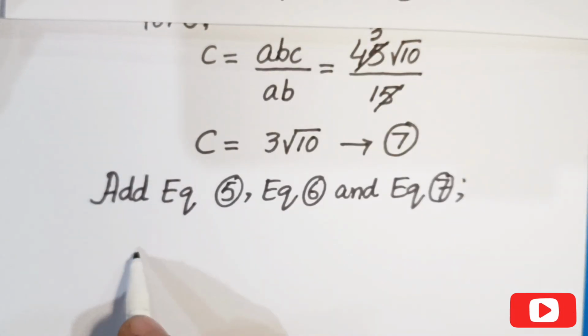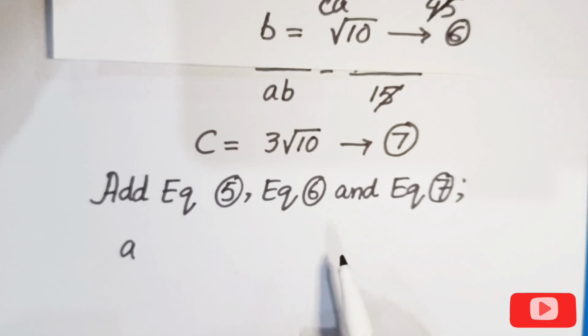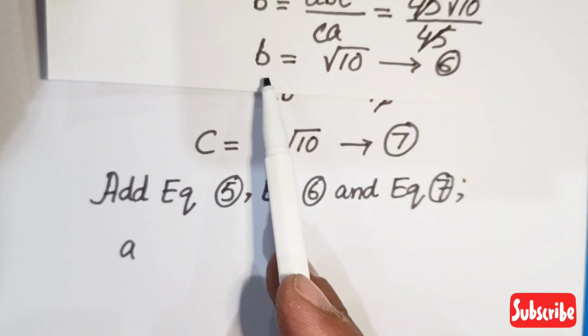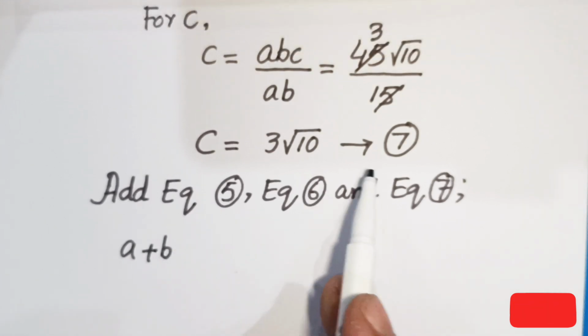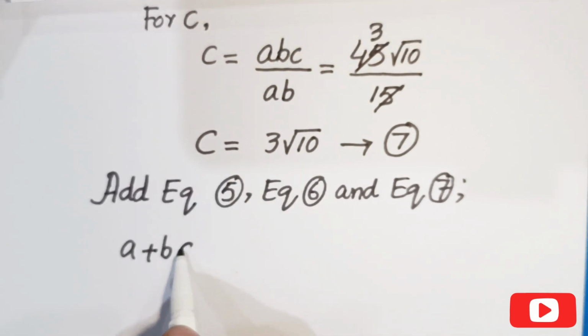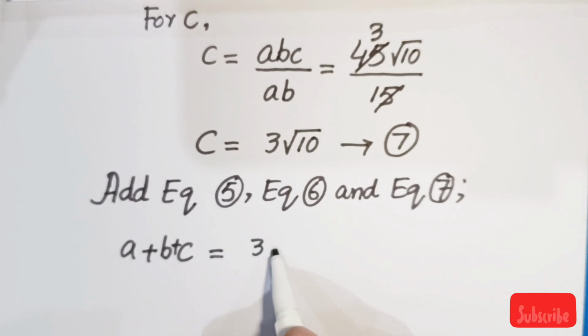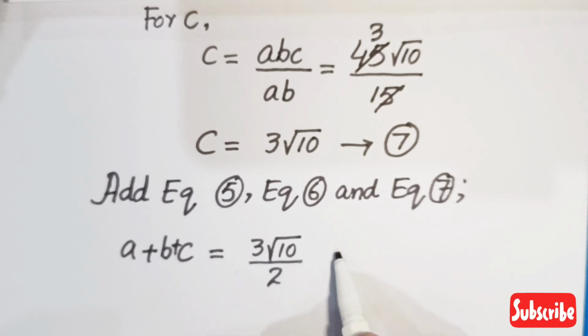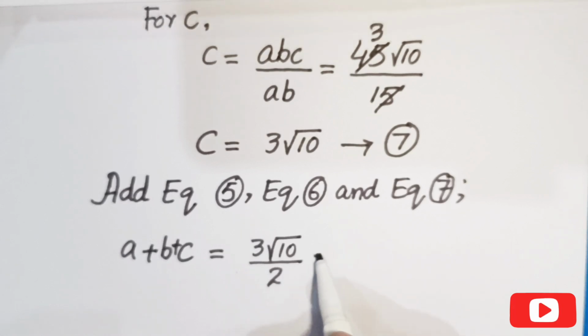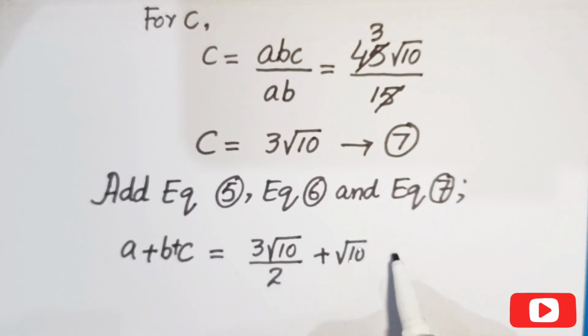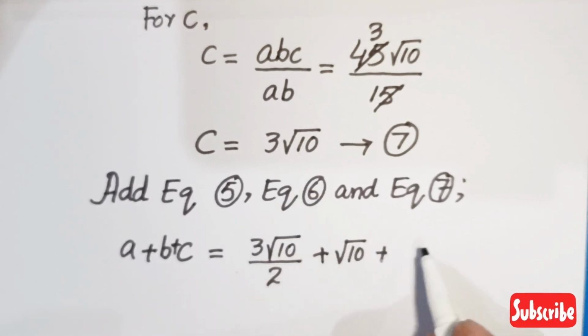Left hand side of equation 6 is b, and left hand side of equation 7 is c. So a plus b plus c is equal to the right hand side of equation 5, which is 3 times square root of 10 all over 2, plus the right hand side of equation 6, which is square root of 10, and similarly plus the right hand side of equation 7, which is 3 times square root of 10.